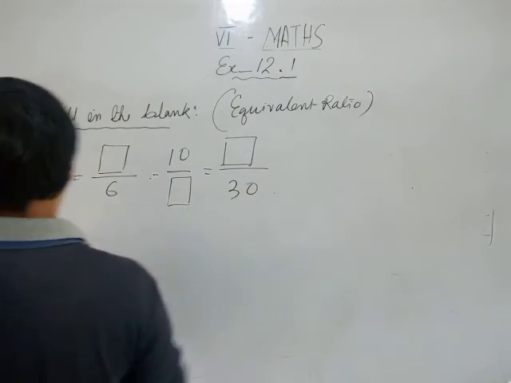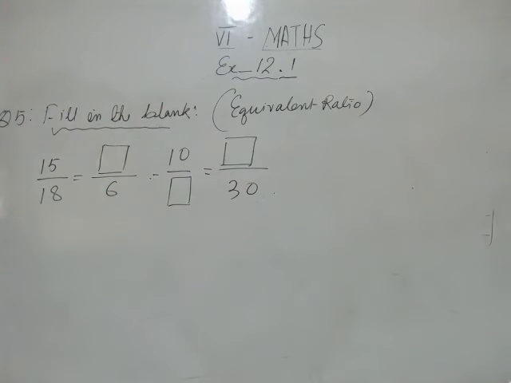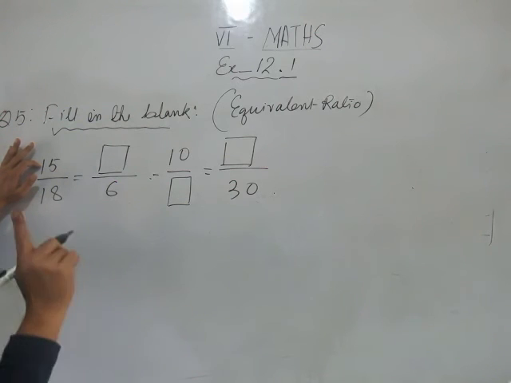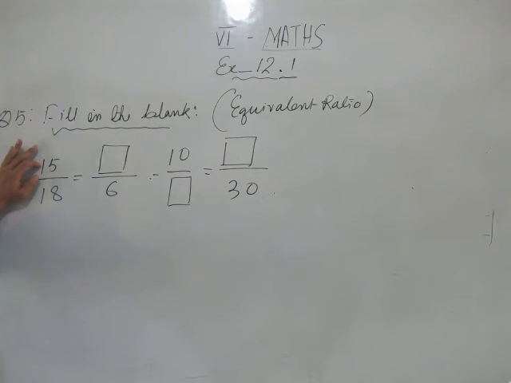So my dear student, one ratio is given here: 15 is to 18. We can write 15 is to 18 as 15 by 18.